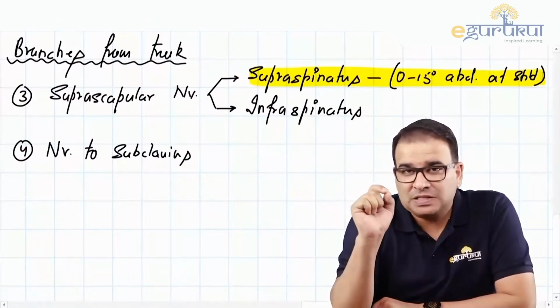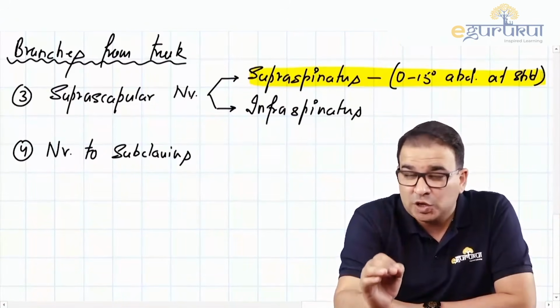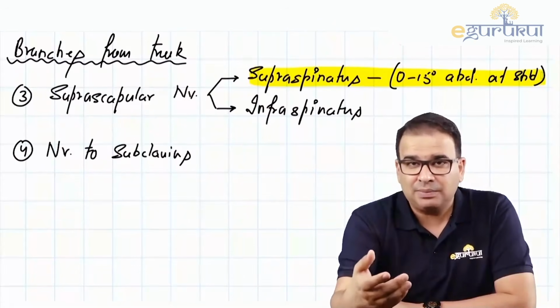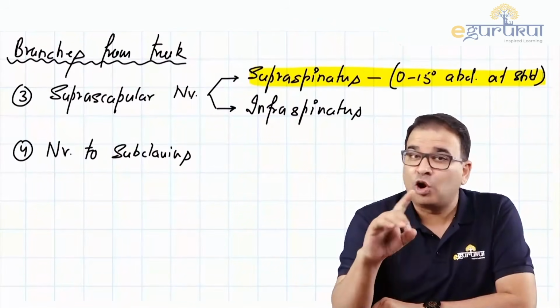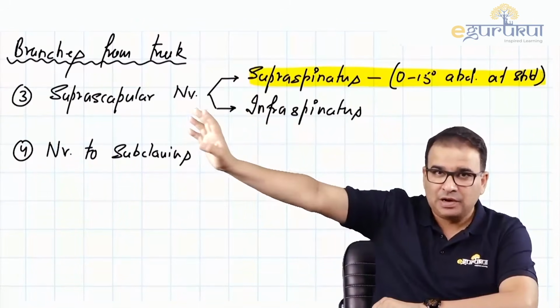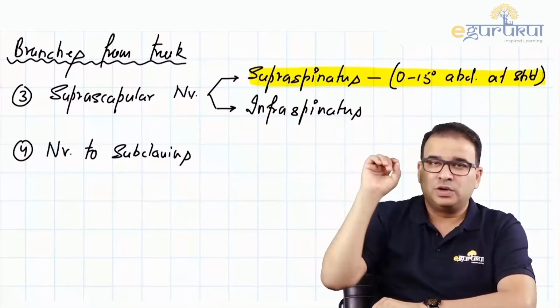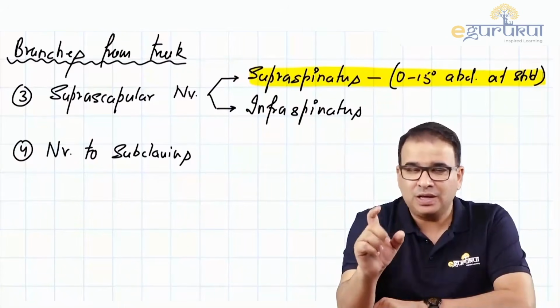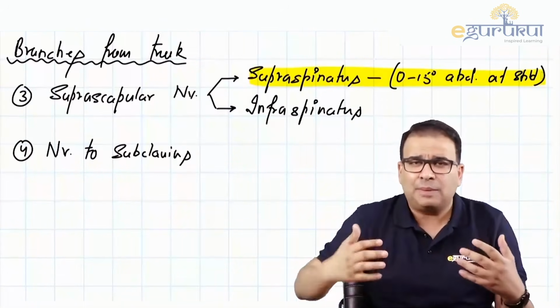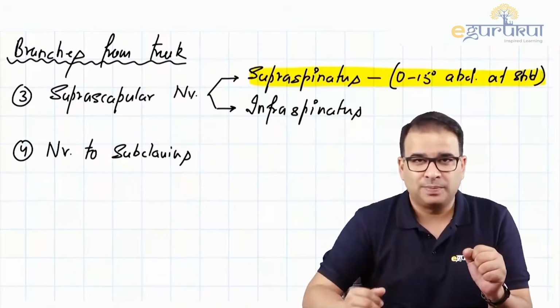But if the question specifically mentions difficulty in initiation of abduction, or in starting the abduction, then your answer will not be axillary nerve, your answer will be suprascapular nerve. The suprascapular nerve supplies supraspinatus, which initiates the abduction movement. So it is important to read the question very carefully: is it about abduction of the shoulder generally, or about the initiation of abduction at the shoulder?